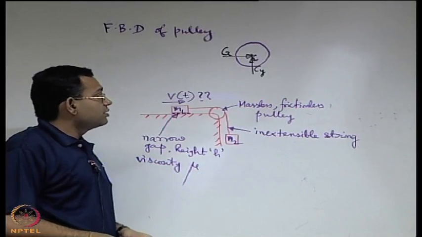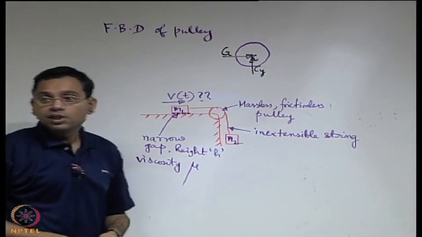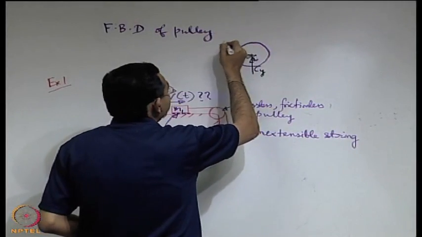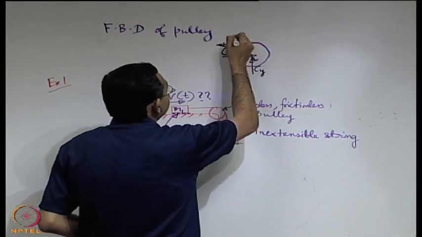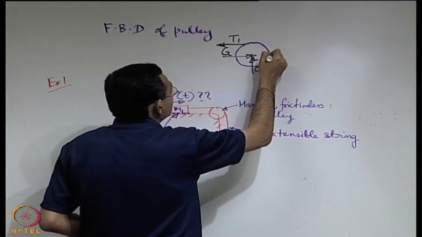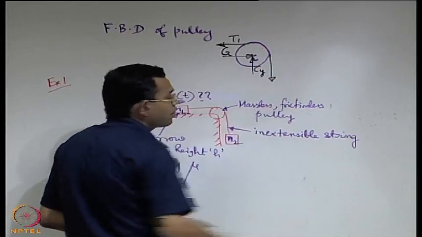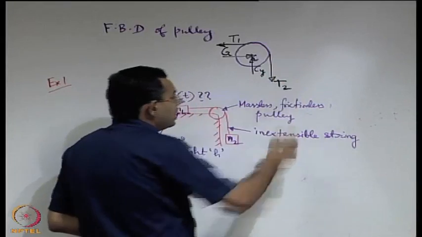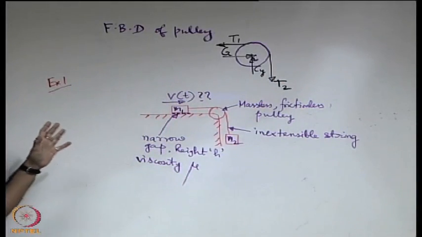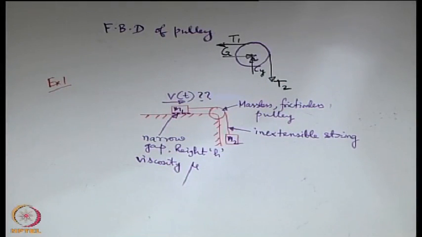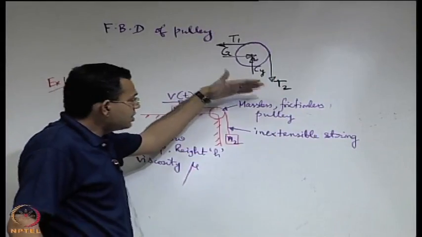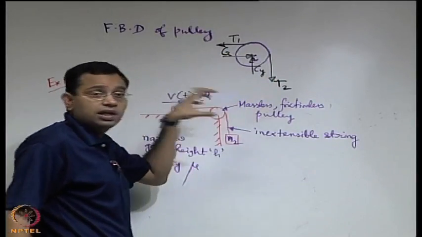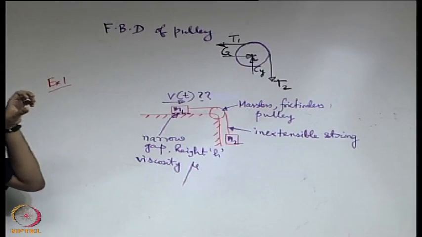Then tension in the string. So, here you have some tension T1, here you have some tension T2. For the time being, let us forget about these assumptions which have been given: massless pulley, frictionless pulley, inextensible string.